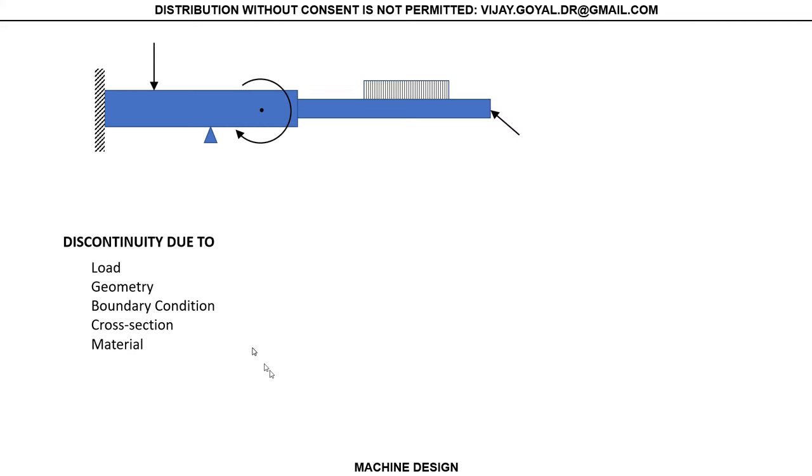When we do load analysis, we have to know how many section cuts I need to make. The section cuts are governed by discontinuities. They can have discontinuities in terms of loads, geometry, boundary condition, cross-section, or material. Let's take this arbitrary hypothetical beam that I just made with all these arbitrary hypothetical loads.